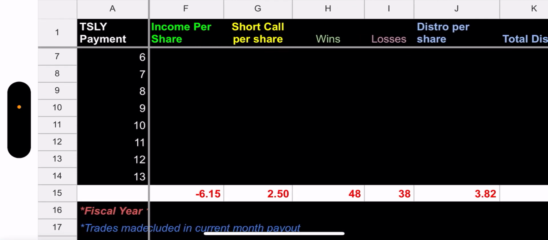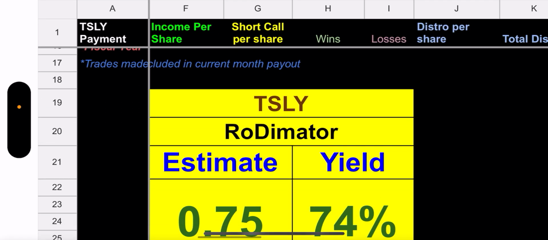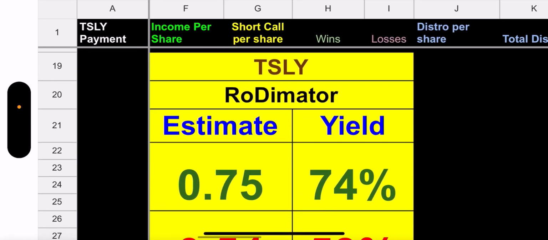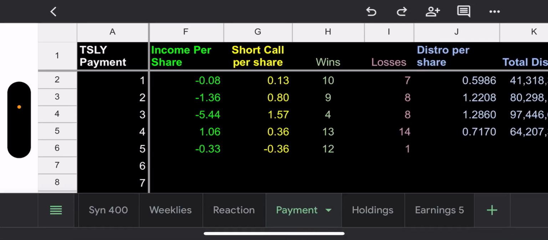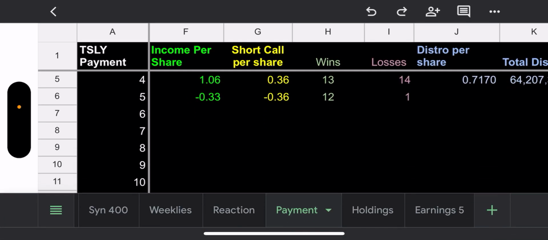If they make what they're making, all things considered, we could produce 75 cents. 75 cents would be the guesstimate, which is a 74% yield. If we look at the IV, 53%, that's a 54-cent payment. So right now the guesstimate is anywhere between 54 cents and 75 cents. Last payment was 71 cents. So, kind of in line, I guess you would say.